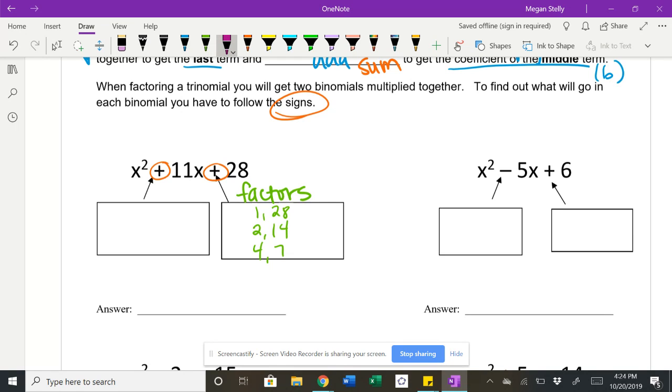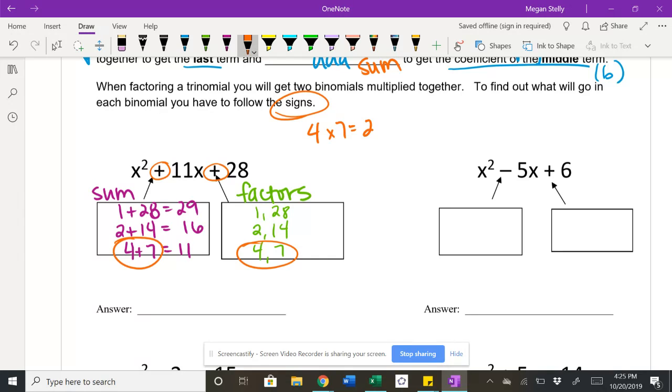Now we're going to see what is the sum of each of these pairs of factors that we found. 1 plus 28 is 29. 2 plus 14 is 16. And 4 plus 7 is 11. So we want the pair of 4 and 7, because they multiply to equal 28, right? 4 times 7 is 28.